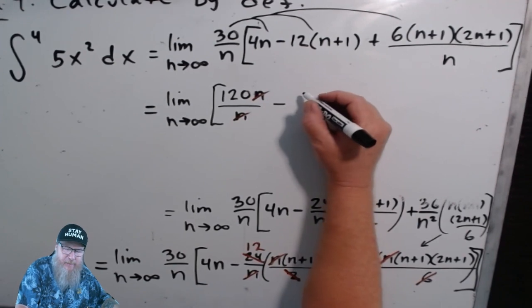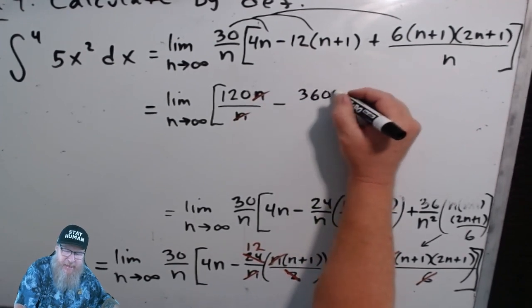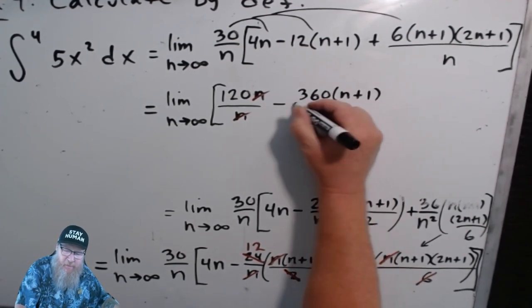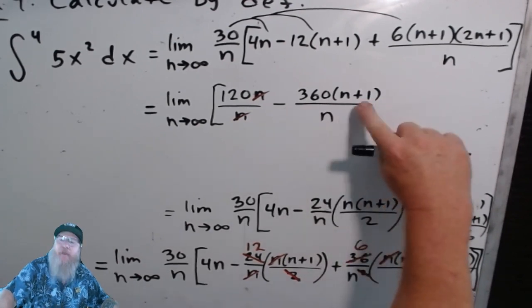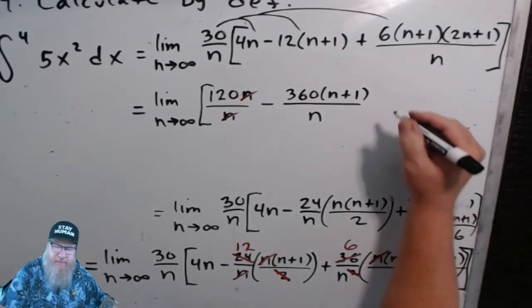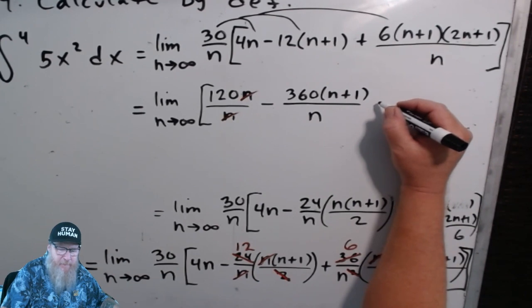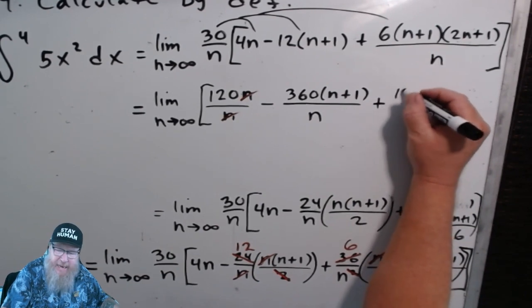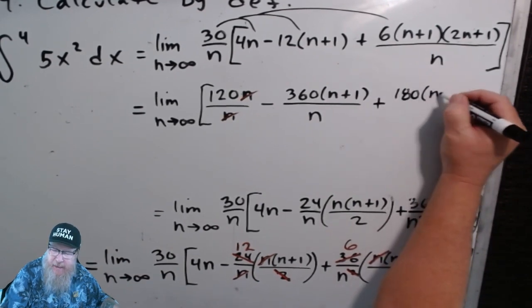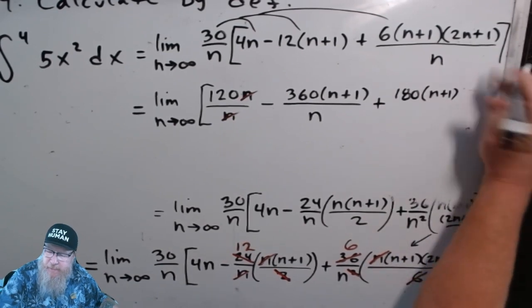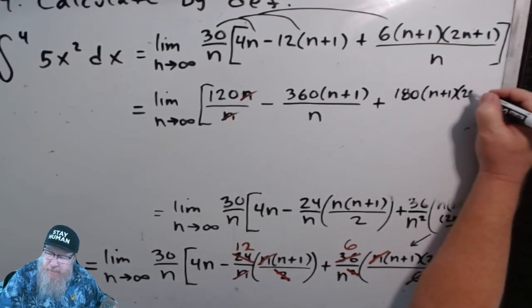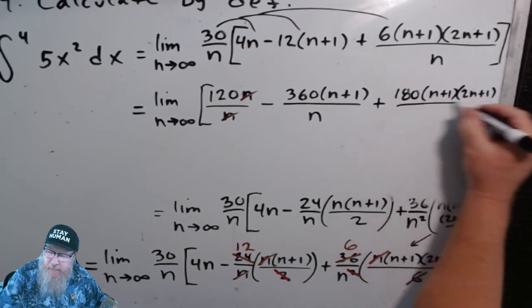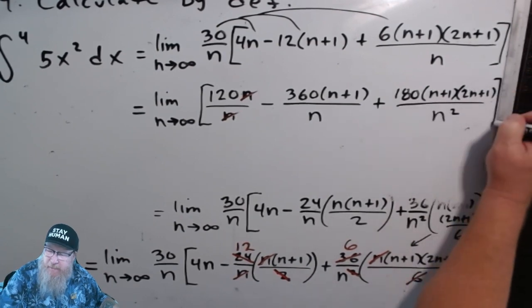Minus 360(n plus 1) over n. Be careful, don't cancel them yet. Plus 180(n plus 1)(2n plus 1) over n squared.